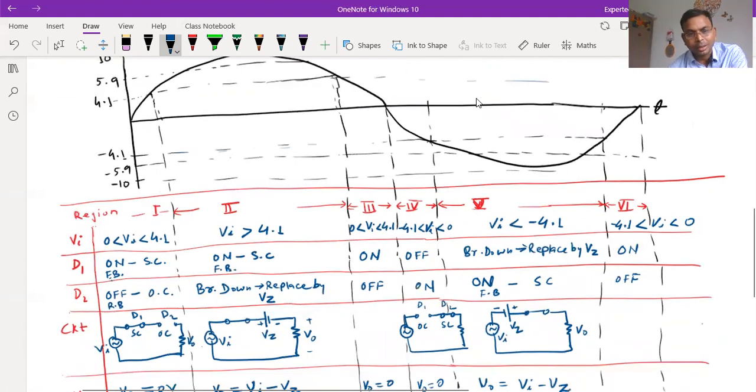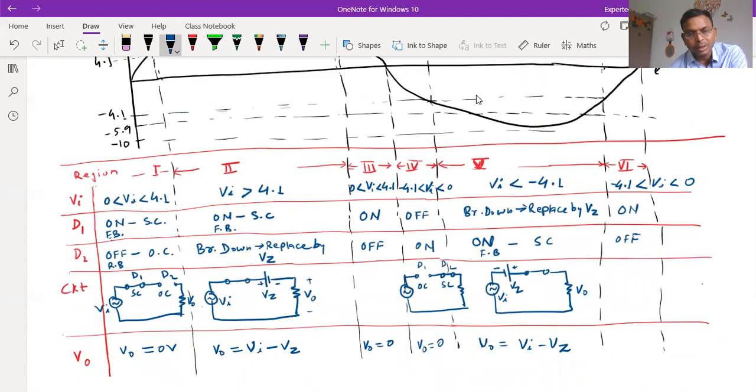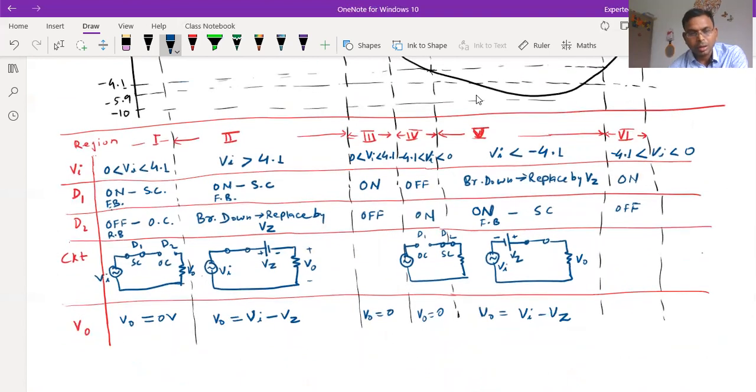So D1 is a short circuit, D2 is an open circuit, and VO will then be 0 volt because no voltage is here. It is completely open circuit here.